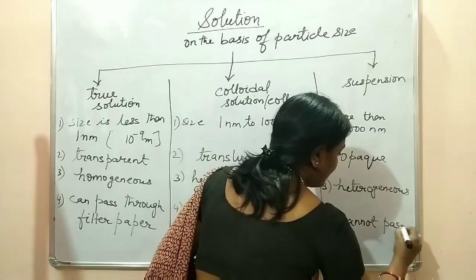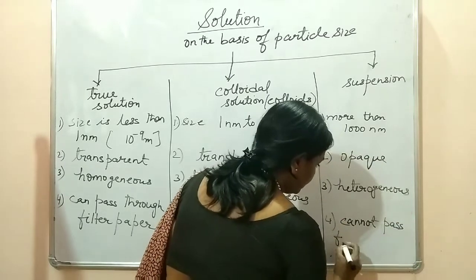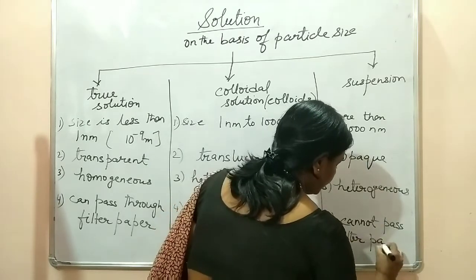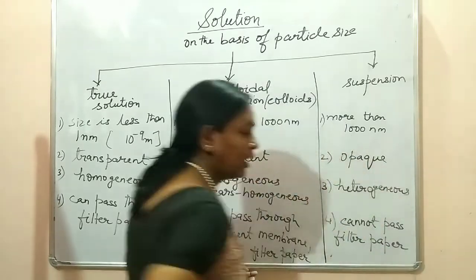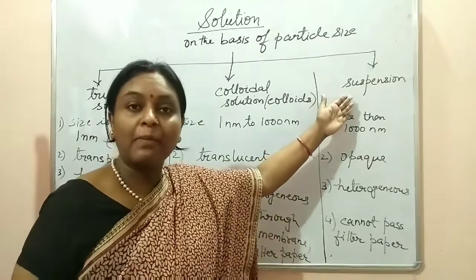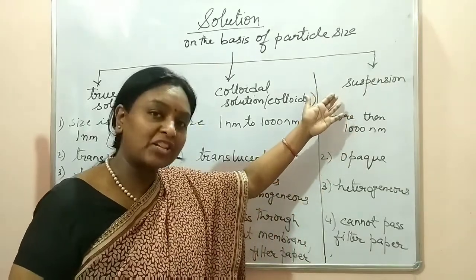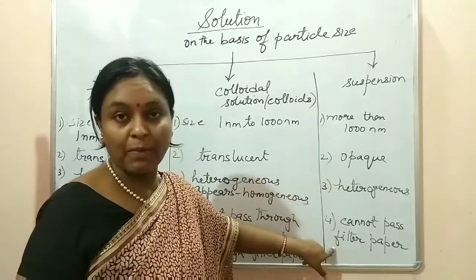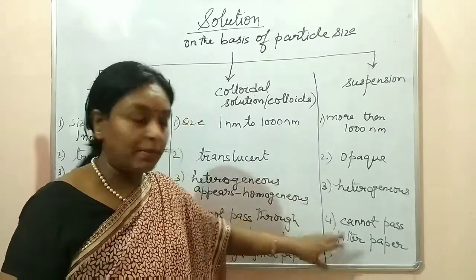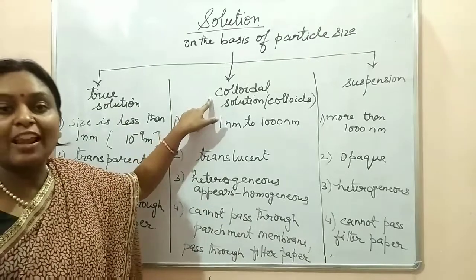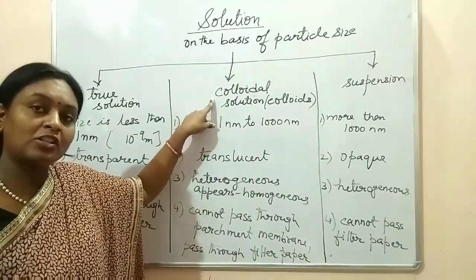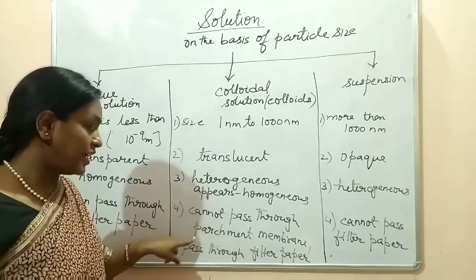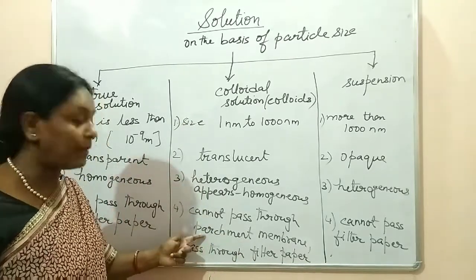That means they can be separated by using the simple method of filtration, because the suspension particles cannot pass through filter paper. But colloidal solution cannot be separated by filter paper because they can pass through it, but they cannot pass through parchment membrane, so they can be separated by using a parchment membrane.